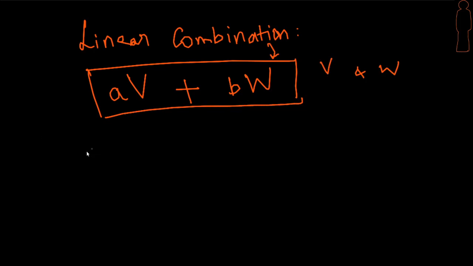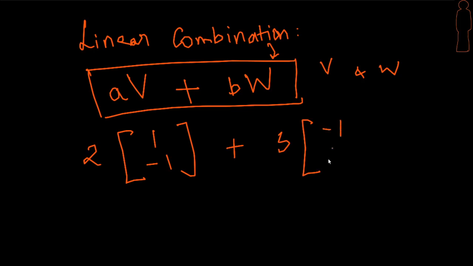So let us pick up an example again. Let's say 2 times this vector plus 3 times this vector, then my answer would be a minus 1 and a 10.